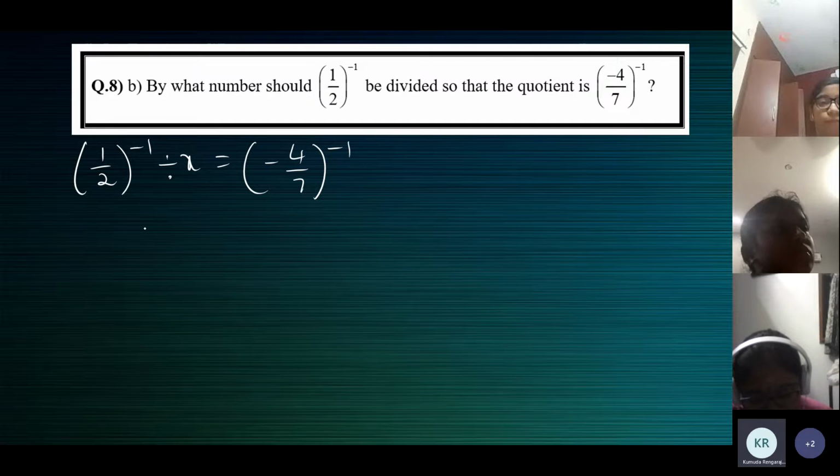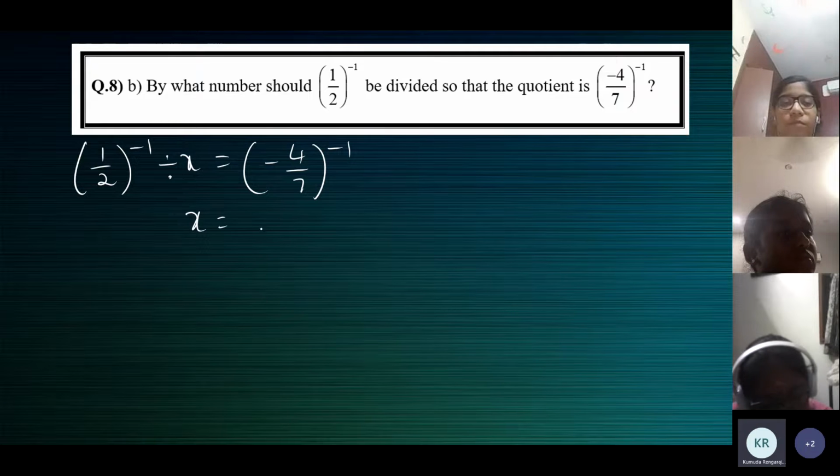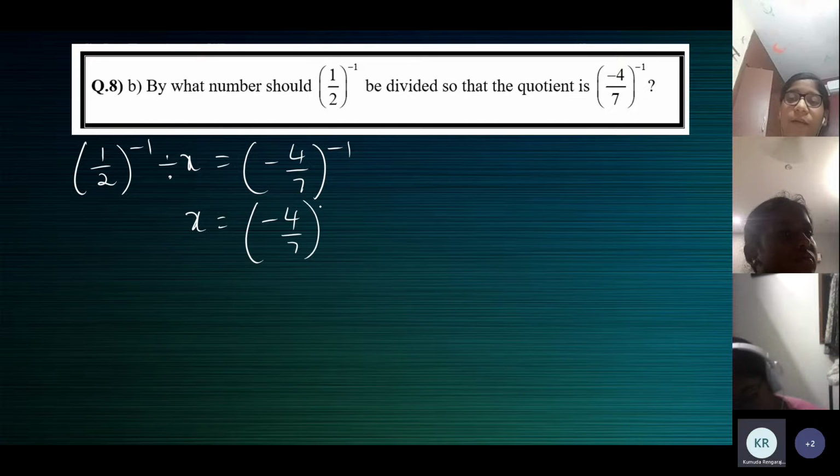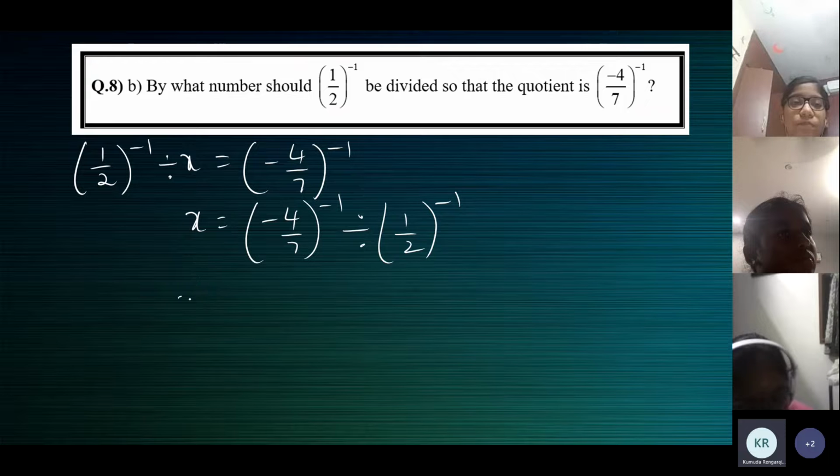Tell me, Swati, what have you worked? x is equal to minus 4 by 7 raised to the power 1, and then divided by 1 by 2 raised to the power minus 1, and then I found the equivalent. The first mistake is, this is incorrect, it should be to the power minus 1. Then what have you done?